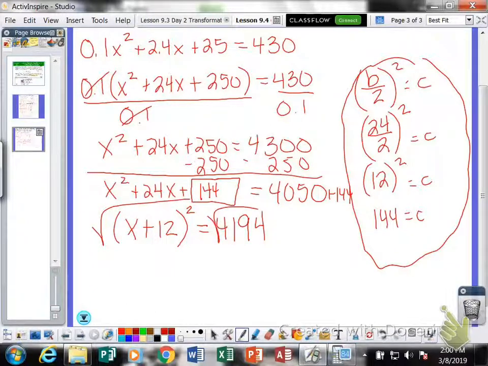Take the square root of both sides, and I get x plus 12 equals plus or minus the square root of 4,194, which is roughly 64.76.